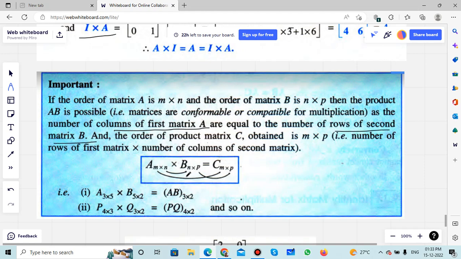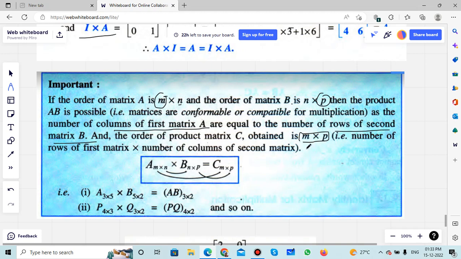The order of the product matrix C obtained is m cross p, meaning m by p. You can see m by n and n by p, so you will get m by p.